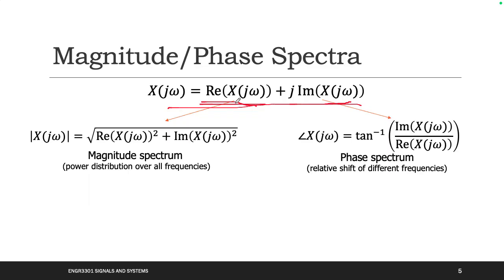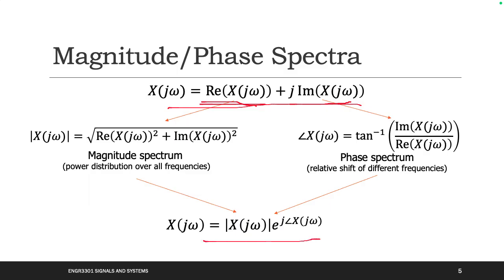This phase shift is all related to shifting the different frequencies. You can also represent your FT coefficient using this equation, because it includes two different parts, the magnitude and the phase, very similar to the FS coefficient.